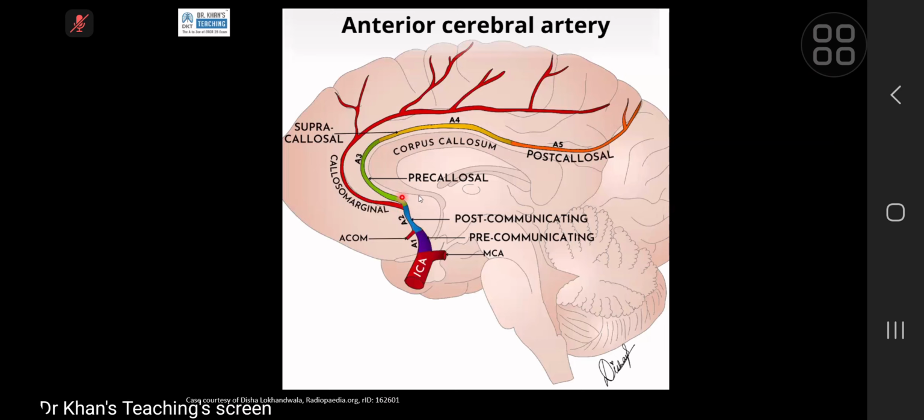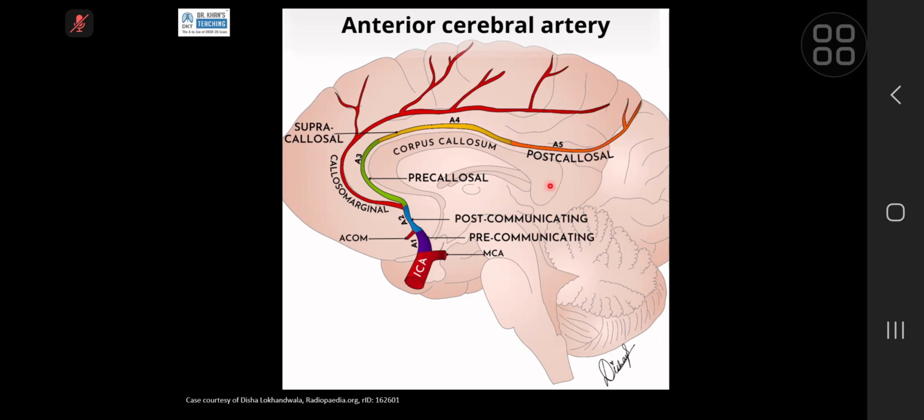This is where the aneurysm was, and the candidate picked it up in the end very well. Pericallosal, this is the corpus callosum. The genu is sitting here, and I will show you the imaging. And then the supracallosal A4 and the posterior callosal.